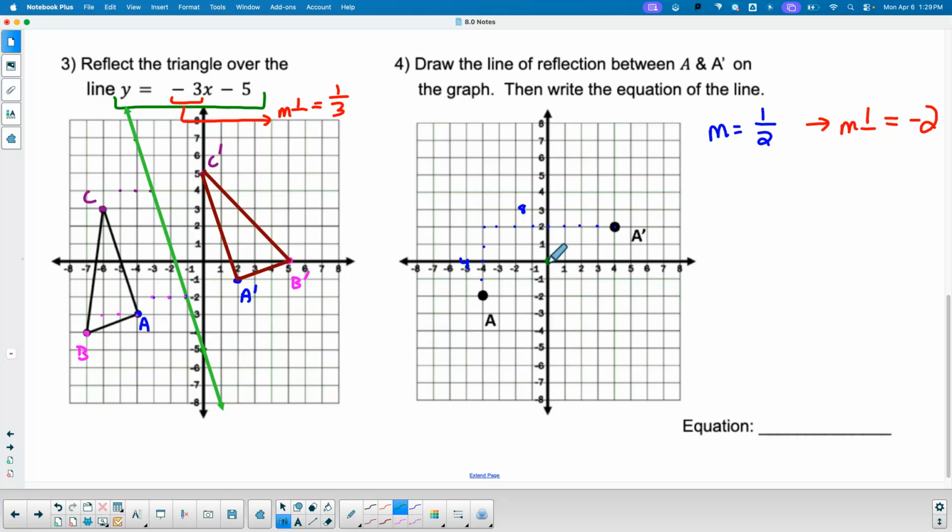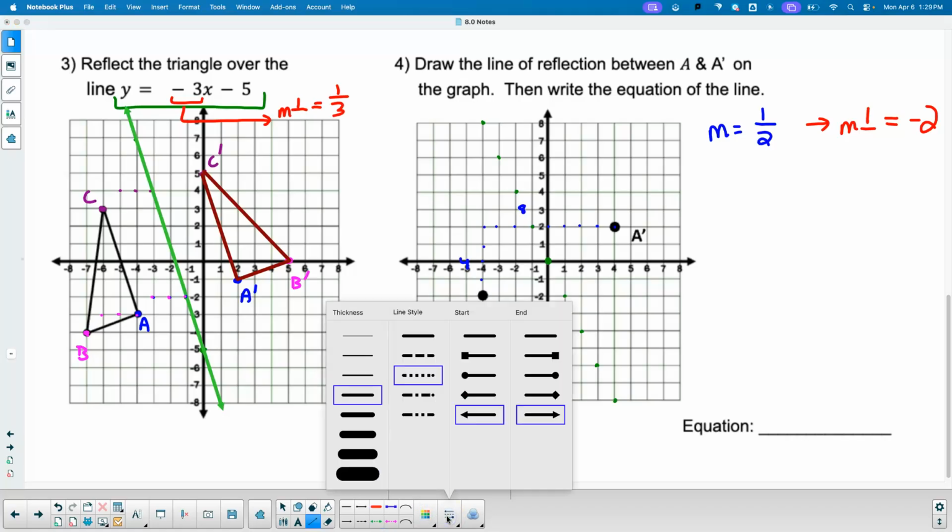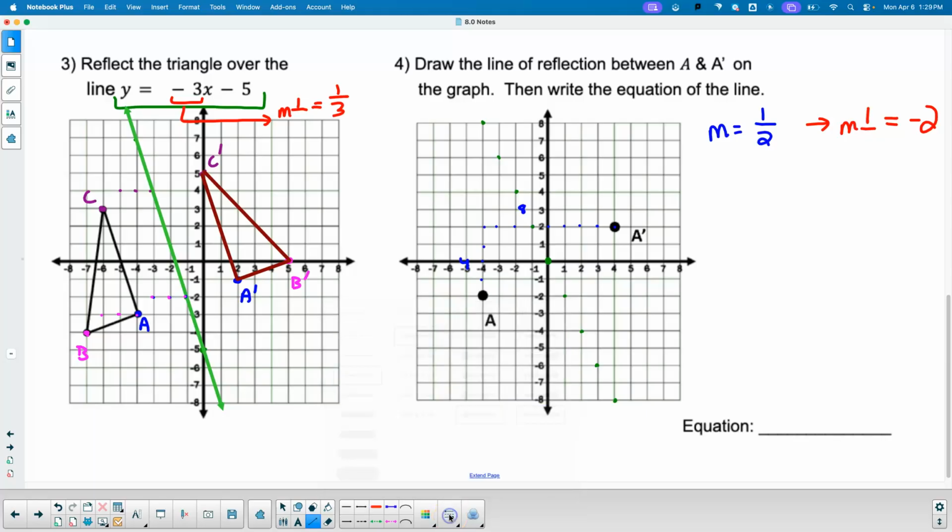So then we'd have a slope of -2. Down 2, right 1. Down 2, right 1. Up 2, left 1. So there is my line of reflection.